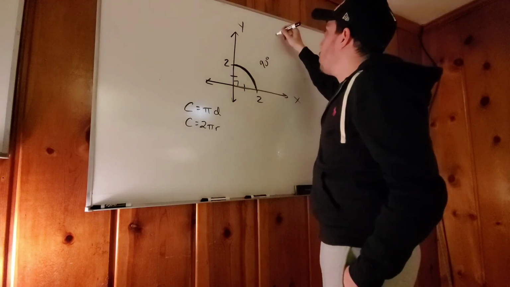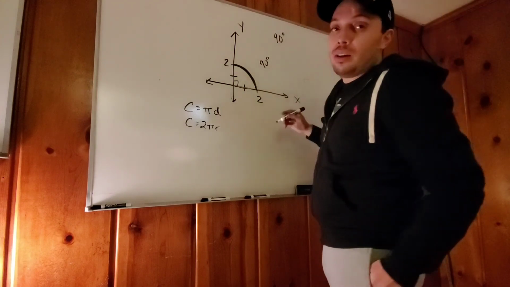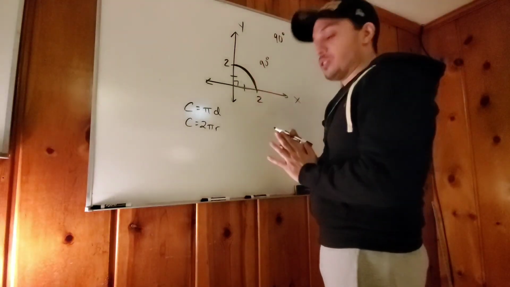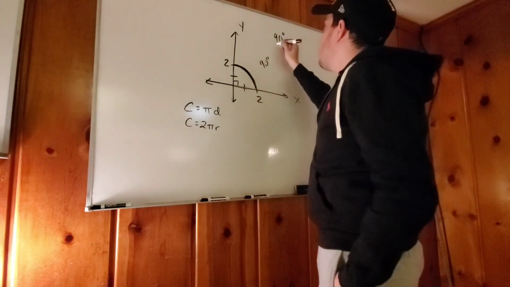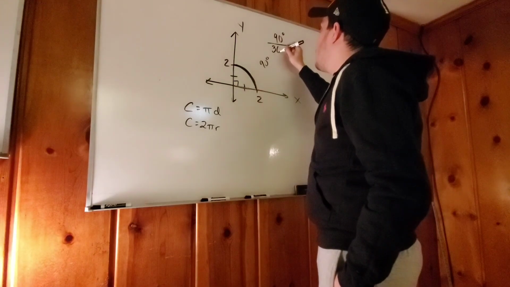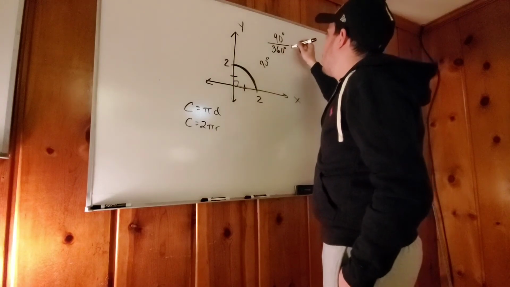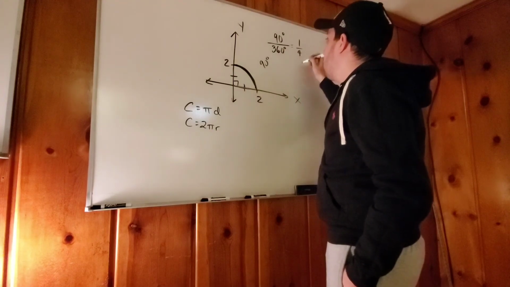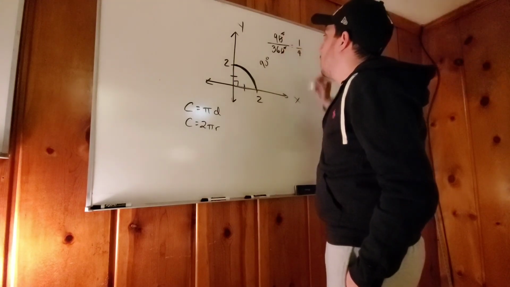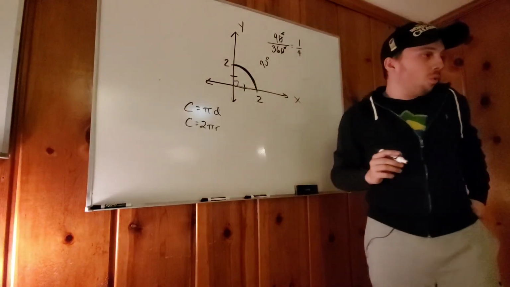Why is it important? Because we need to find out the fraction of the circumference that we're looking for. So the fraction of the circumference is going to be 90 degrees divided by 360 degrees, which is going to be 1/4, because 9 over 36 is 1/4.